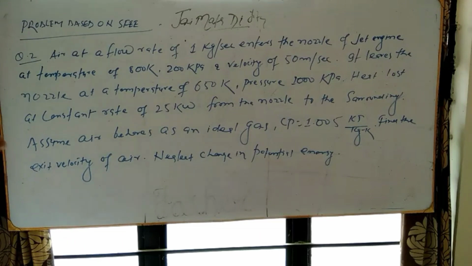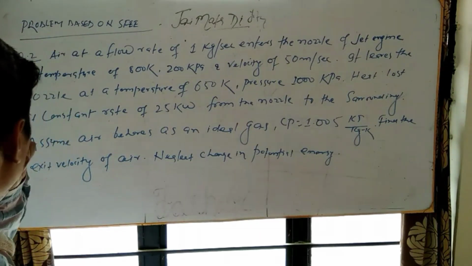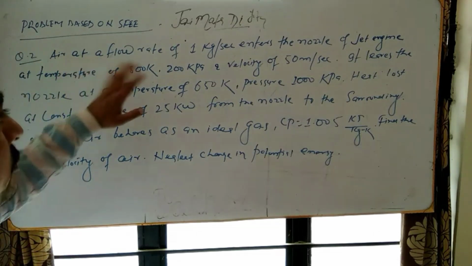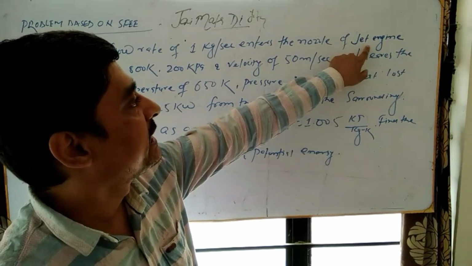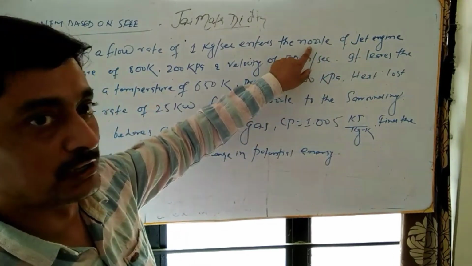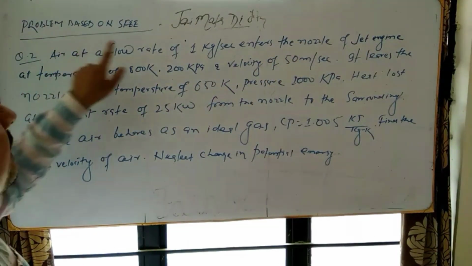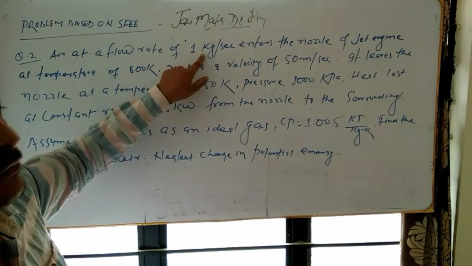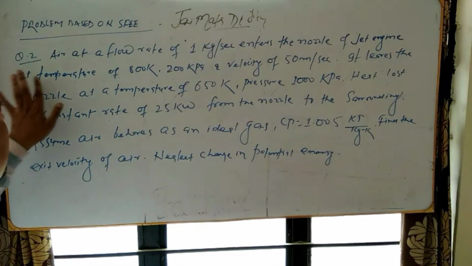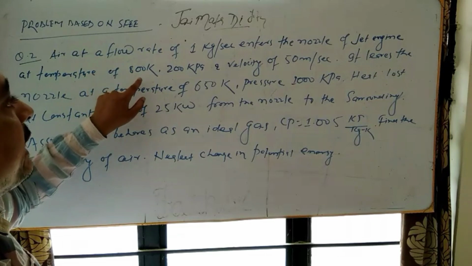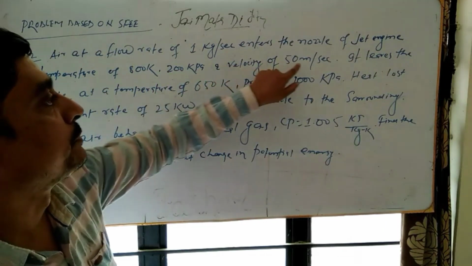This is basically the problem which is based on nozzle. First of all, just try to understand the problem. There is a jet engine. A jet engine consists of a nozzle. In the nozzle, the air enters at the flow rate of 1 kg per second at an initial temperature of 800 Kelvin, 200 kilopascal and velocity of 50 meter per second.